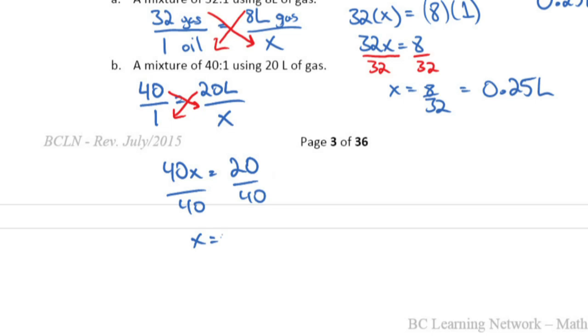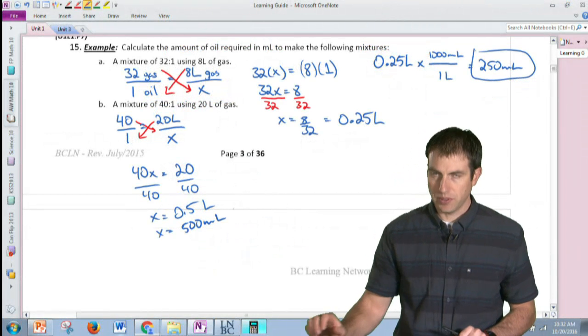I'm going to get x is 20 over 40, which is the same thing as a half, or 2 over 4, or 0.5. And then I'm going to times it by 1,000, so x is 0.5 times 1,000, 500 milliliters. There you go.